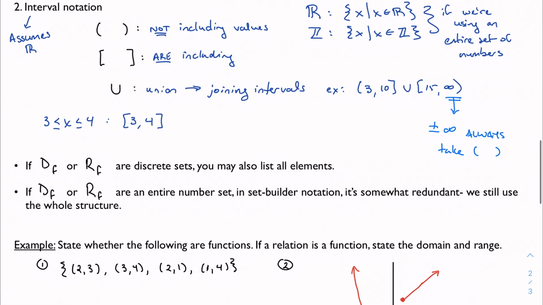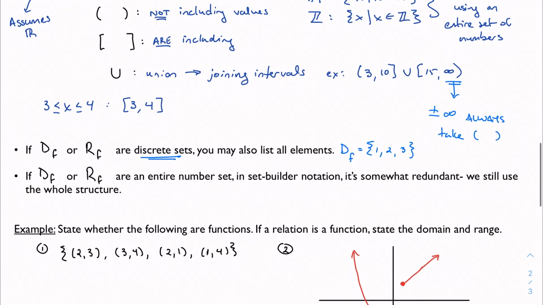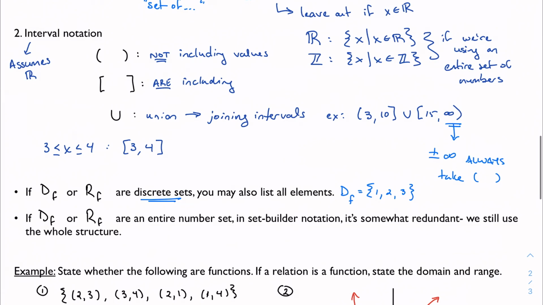So just a couple notes here. If the domain and range are discrete sets, meaning there are specific numbers, you could list all the elements, right? I could just say that the domain is 1, 2, 3, if that's the case. If the domain and range are an entire number set, we still have to use the whole structure, and that's kind of what I talked about up here.